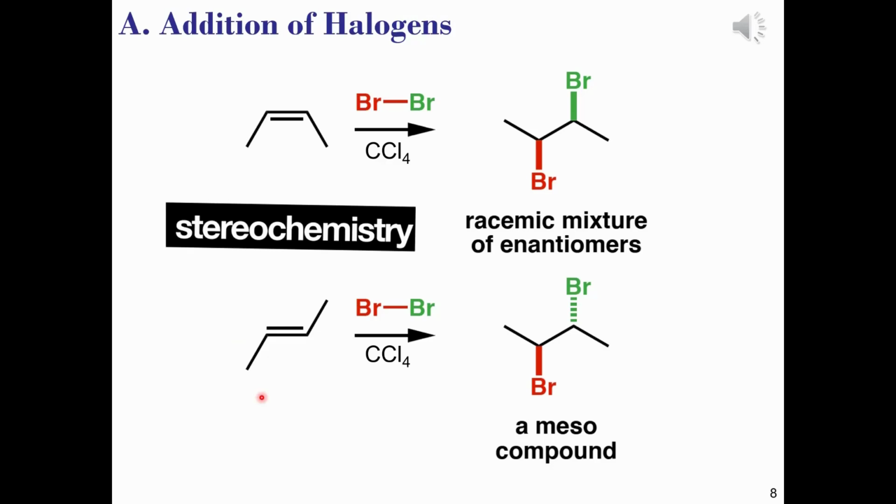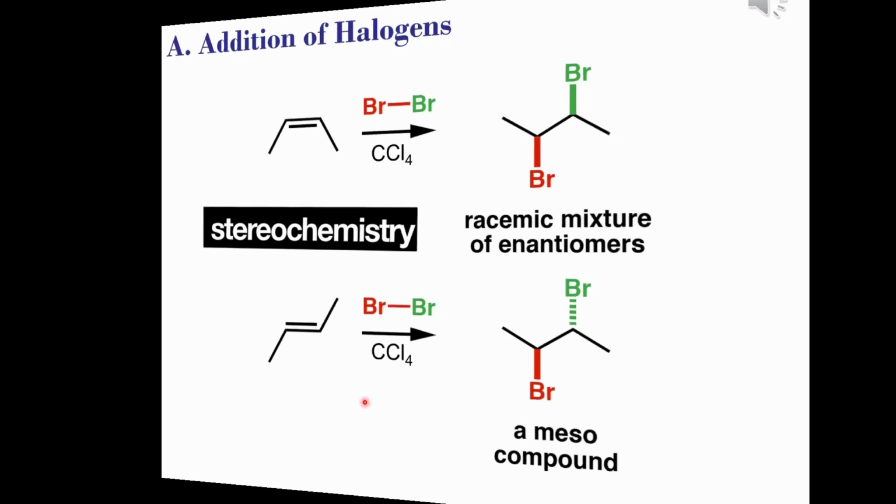However, for the cis or Z alkenes with symmetrical R groups, a racemic mixture of enantiomers are formed. But for the trans or E alkene, which bears two identical R groups, this will lead to the formation of a meso compound. So let's look at the addition products for the cis alkene more closely and then look at the mechanism for the trans alkene afterwards.